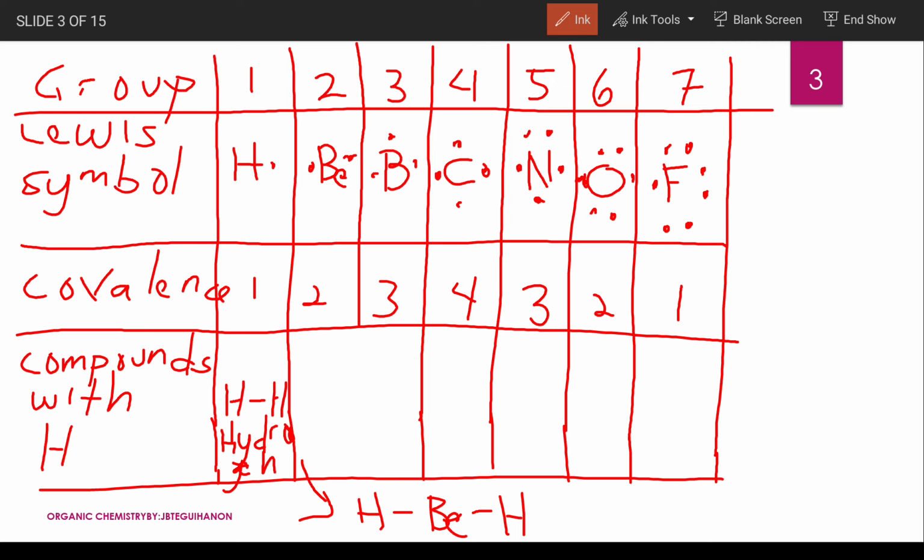For the boron, you will have H, then B, and then H, then down here is H. That is for the boron because you have 3 valence, right? And then for the carbon, compounds with carbon, this structure is like, we go to the next page.